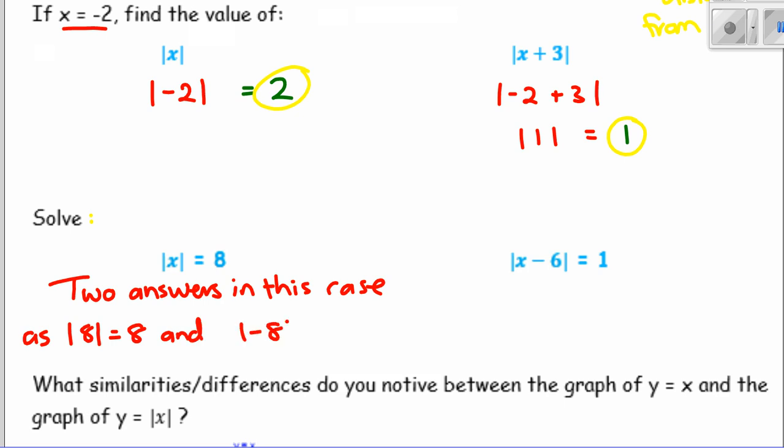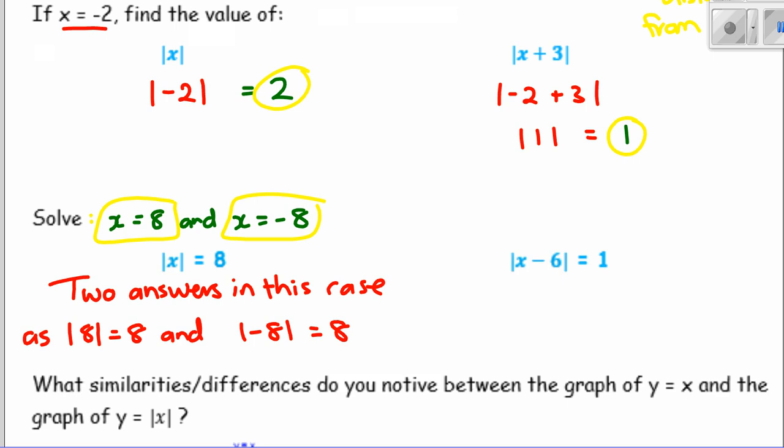So we have two answers, x equals 8 and x equals negative 8. I've got the reasoning in red. There are two answers in this case as the absolute value of positive 8 is 8, and the absolute value of negative 8 is 8. So there are two possible values of x that could go into that absolute value sign.